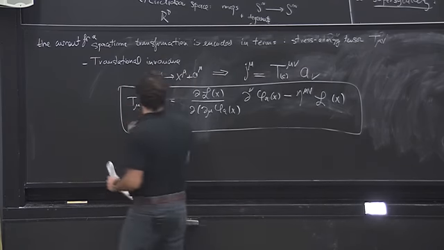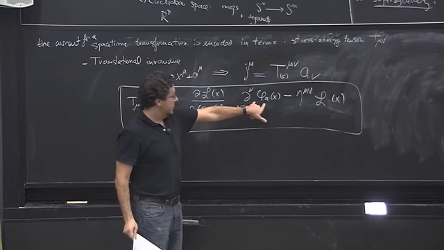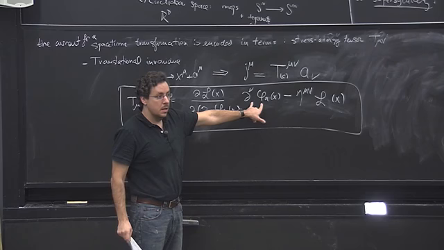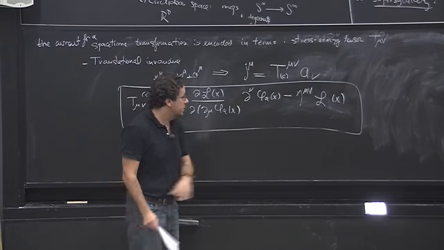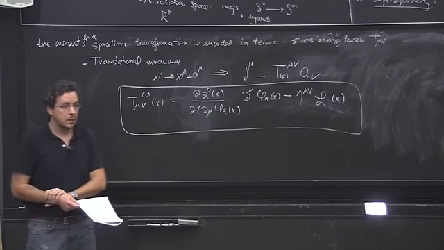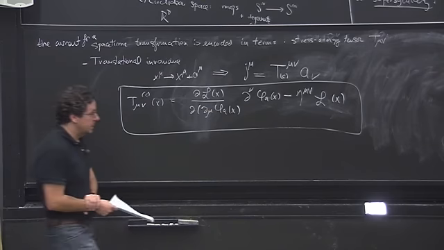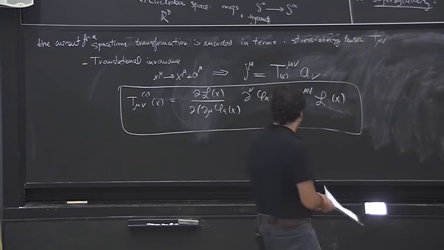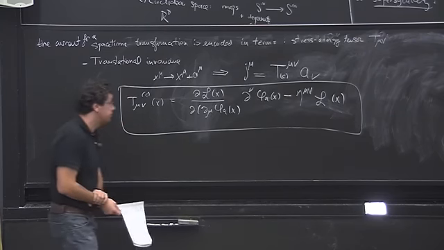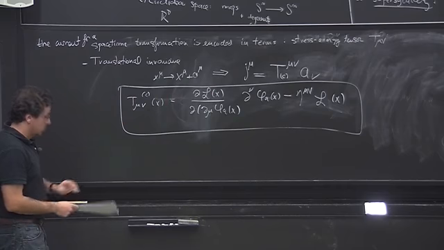Okay? Why is this guy here? Can someone tell me why I have here the derivative of the field? Yeah, because that's precisely how under translations a field changes. Okay. Good.